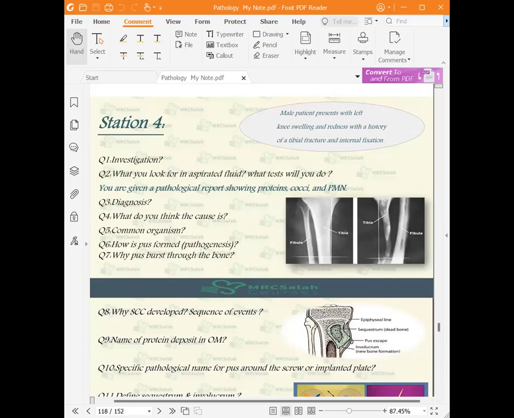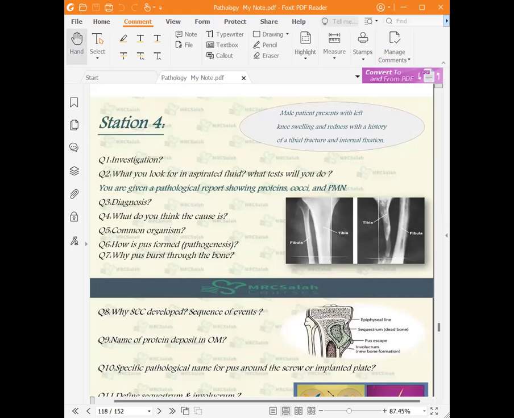You look at the aspirated fluid. I will look for the color, amount, viscosity and turbidity of the fluid. What tests will you do? I will do culture and sensitivity. I will do cytology, and I will do Gram staining.